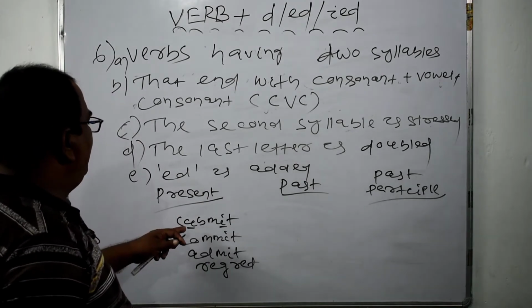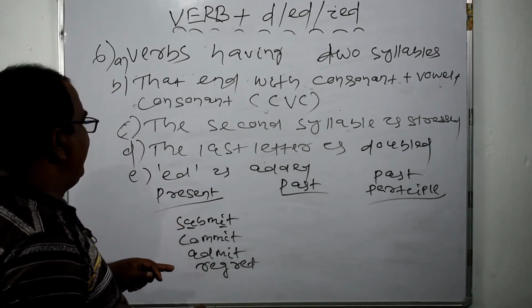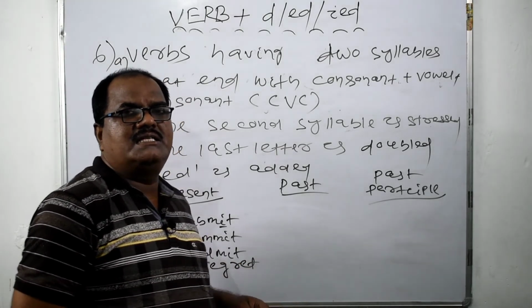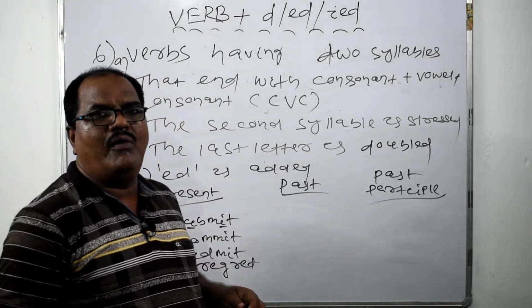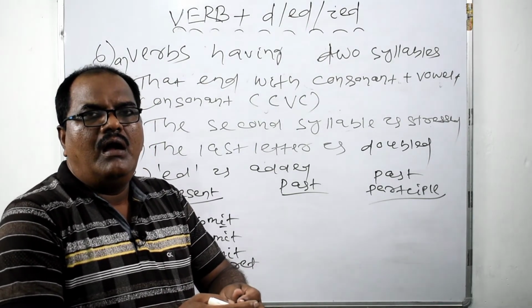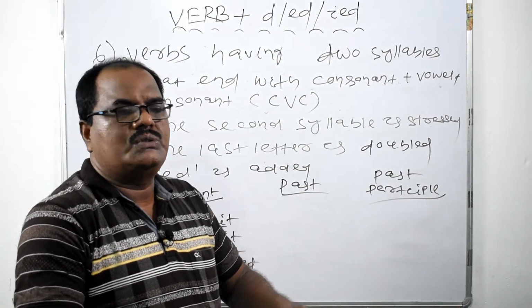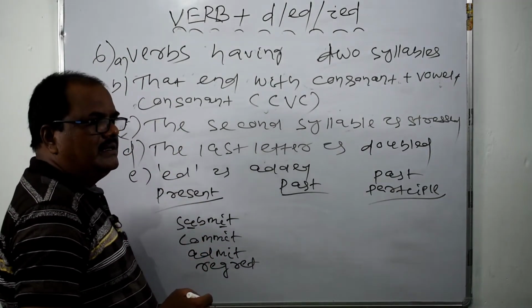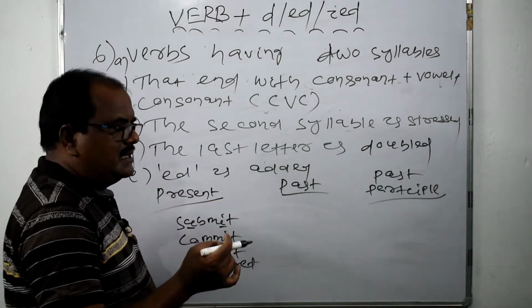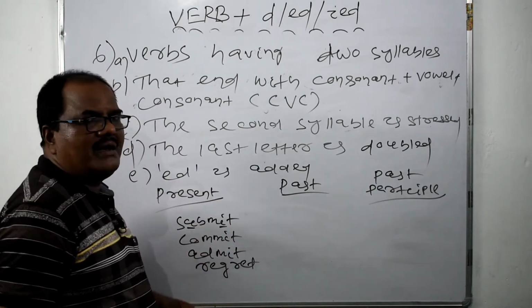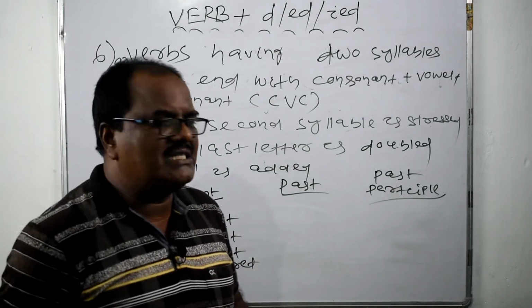But the first syllable is not stressed. A stressed syllable is recognized only when the sound is long and loud. Now we pronounce submit. Submit. The first syllable is unstressed. The last one is stressed.